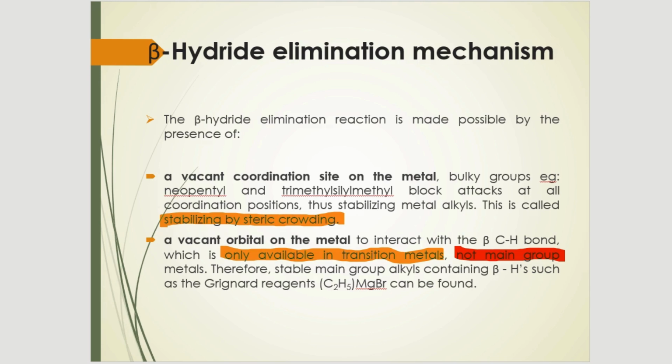For this second possibility, the metals that have such orbitals are only available in transition metals. So if our metal comes from the main group, it is possible for beta hydride elimination to not occur, and also to produce stable main group alkyls. So the second reason is only available in transition metals but not in main group elements. Because we can find stable compounds with main group elements that also have beta hydride, which is the Grignard reagent.